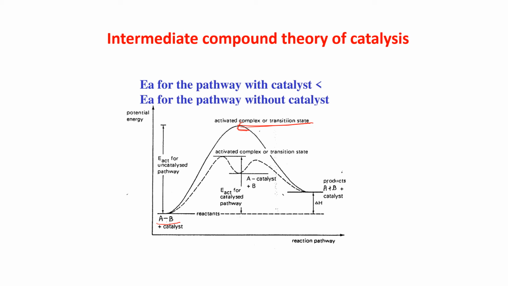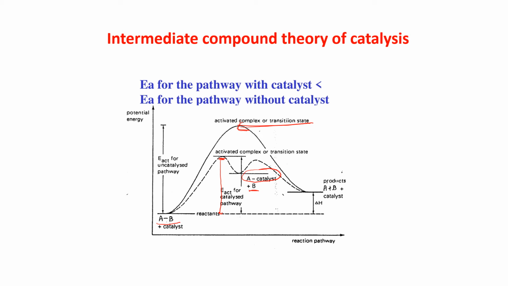Now it is forming an intermediate product, that is A catalyst, and B is not reacting at that time. And when they are forming that intermediate A catalyst, their activation energy is up to this much, from here to here. So they have to cross this energy barrier, which is much less than the previous one.